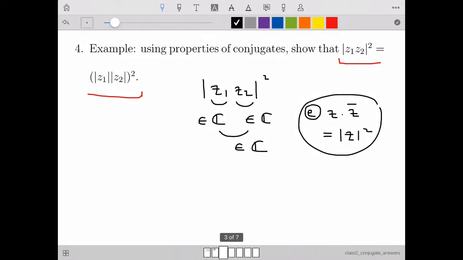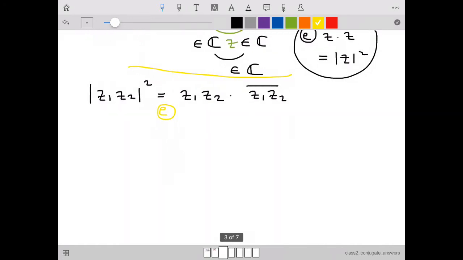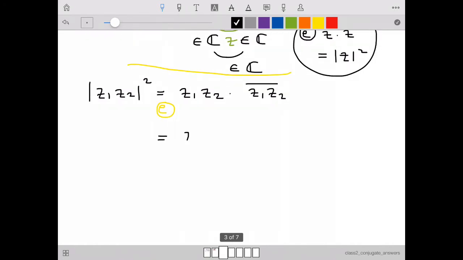So we can think of Z1 Z2 as Z and apply E. So absolute Z1 Z2 squared is Z1 Z2 times Z1 Z2 bar by E. And this is equal to Z1 Z2 times Z1 bar Z2 bar. That was by B.